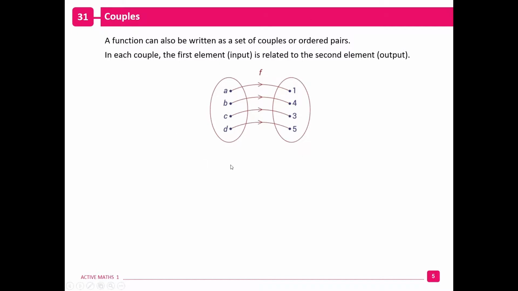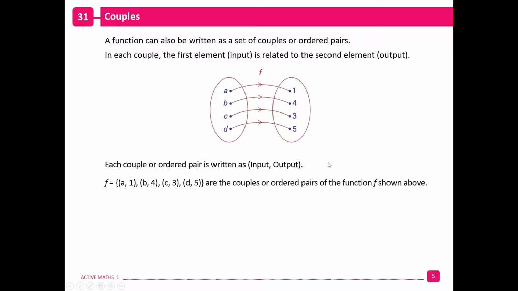So on this mapping diagram for function f, you can see that the input a has the output 1. And we know that each couple or ordered pair is written as, we have a bracket, the input, a comma, that input's output, and a closed bracket. So therefore, here we have the entire set, and we know that sets are appearing in a pair of curly brackets.